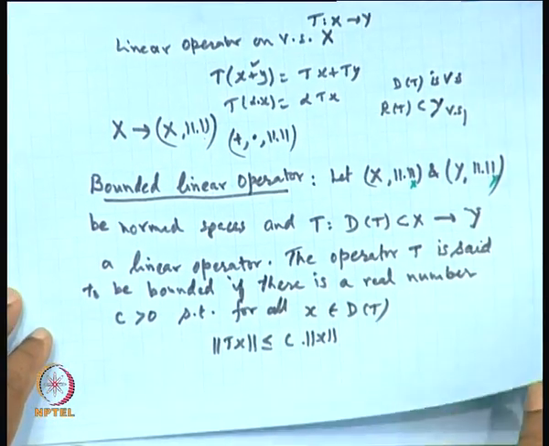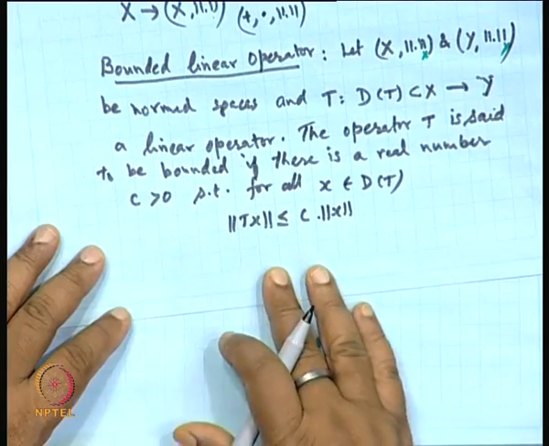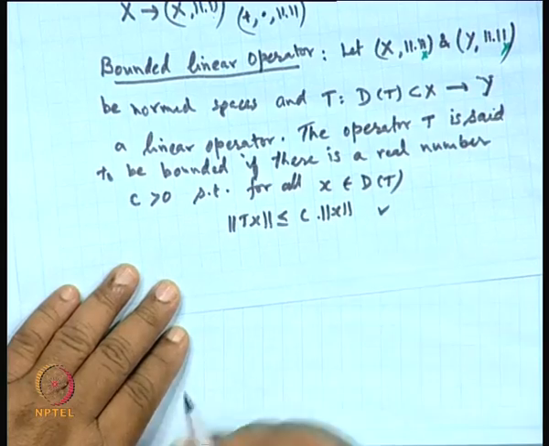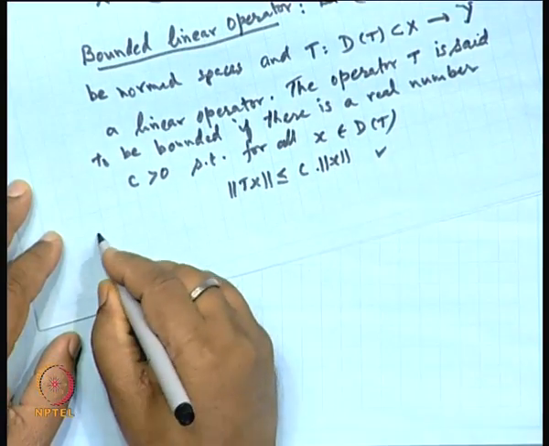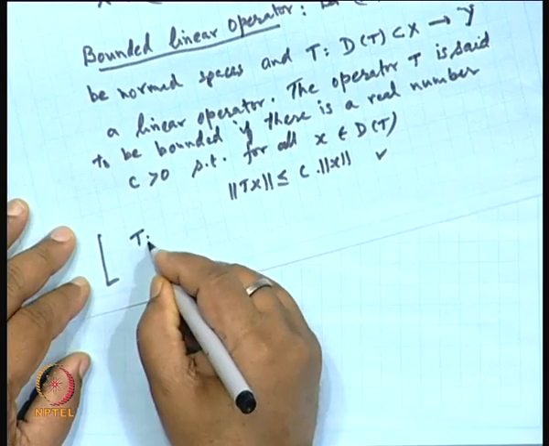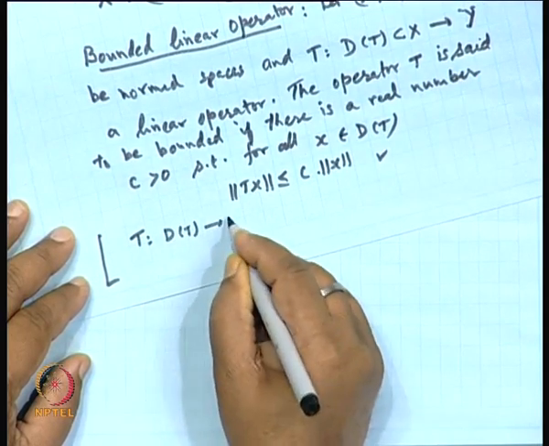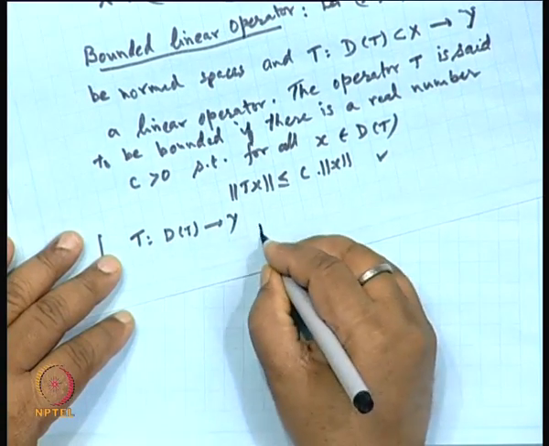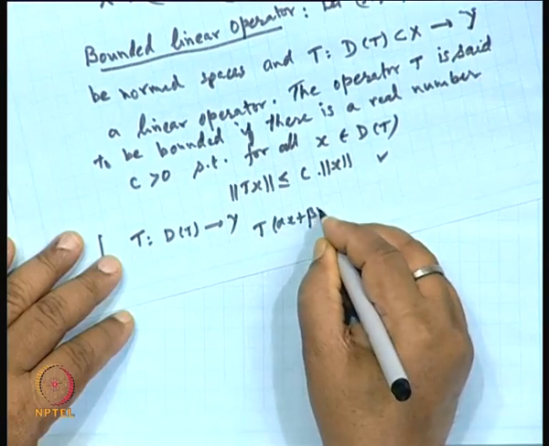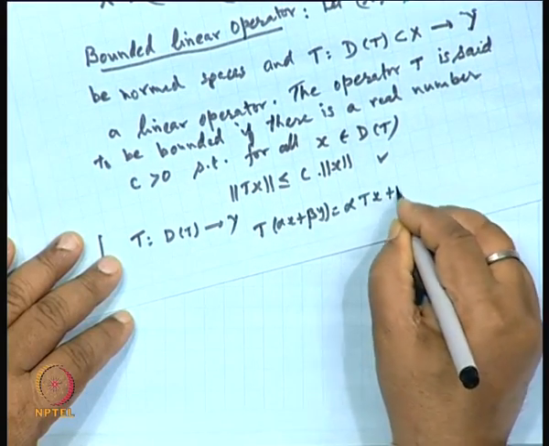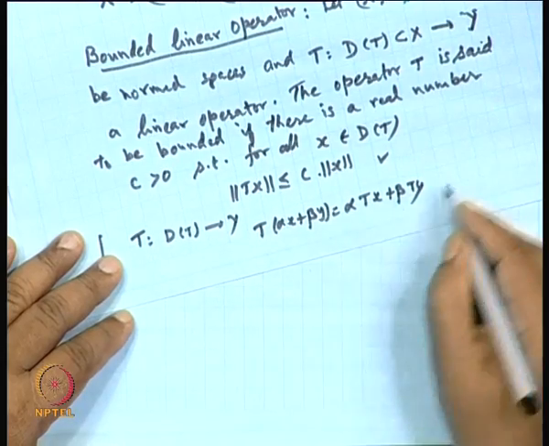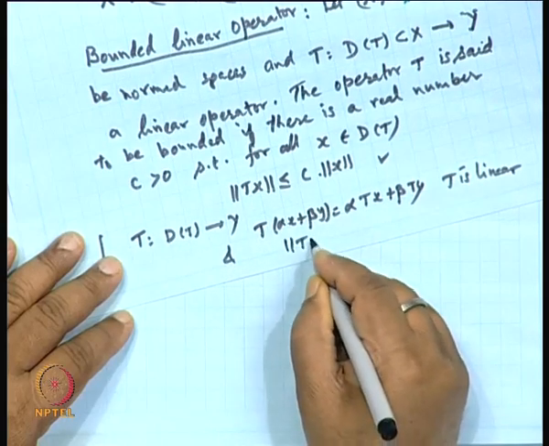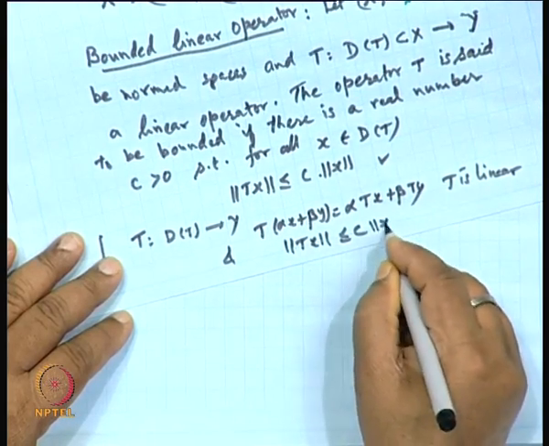So, we have defined the bounded linear operator in this way: a linear operator is said to be bounded if this extra condition is also satisfied. Basically, an operator T from the domain of T to Y is a bounded linear operator if it satisfies this condition, T(αx + βy) = αTx + βTy, that is, T is linear, and apart from this, the norm of Tx should be less than or equal to C times the norm of x.